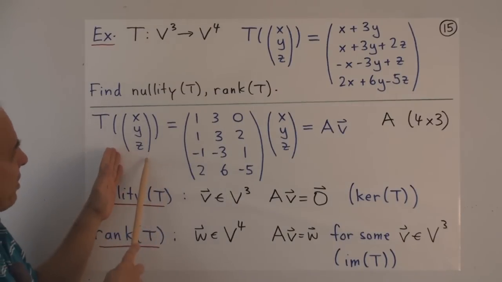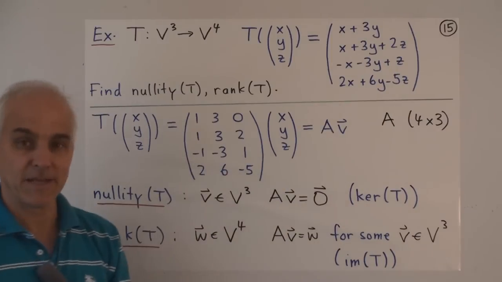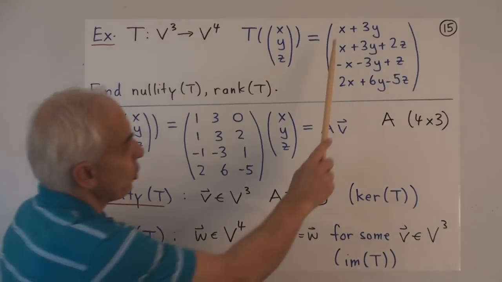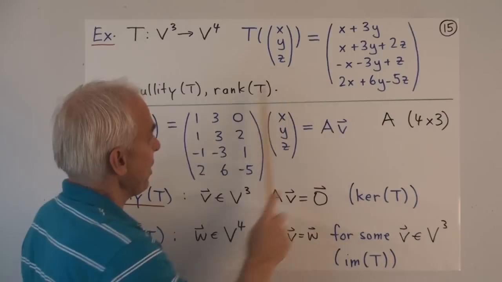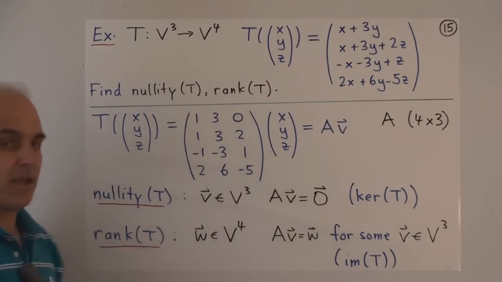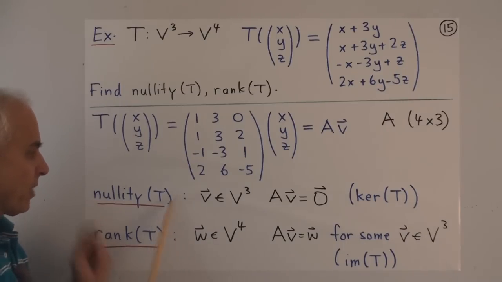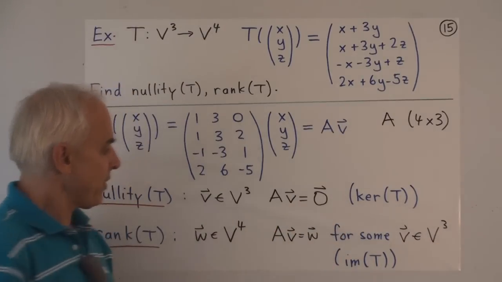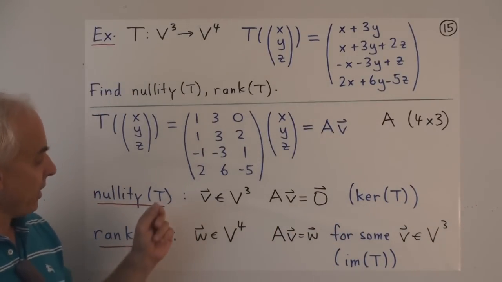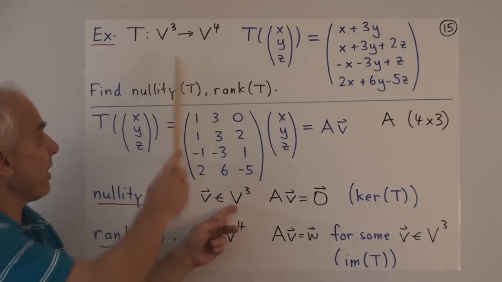Our first job is to rewrite it in matrix form. So we cook up the matrix that represents the linear transformation, and that's simply looking at these various coefficients that appear row on row and writing down this 4 by 3 matrix, let's call it A. Now what is the nullity of T? Well, it's the dimension of the kernel. And the kernel is a property of vectors in our initial space.